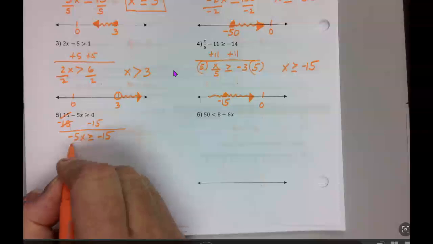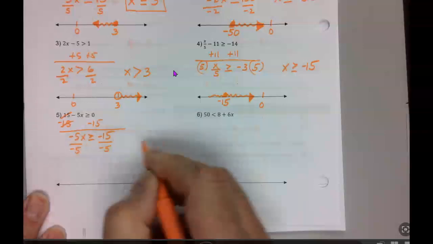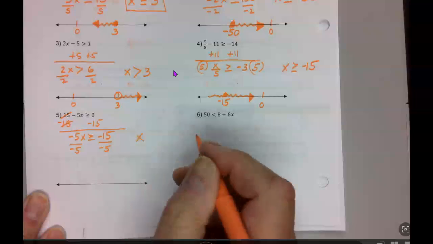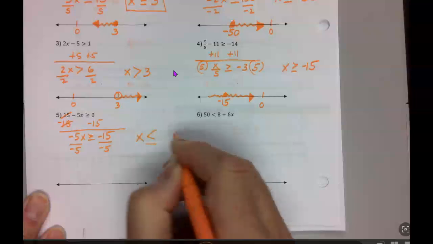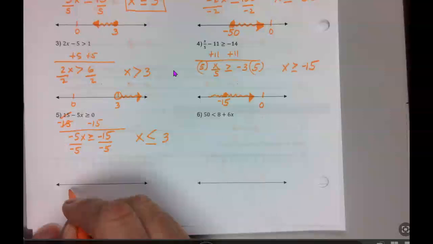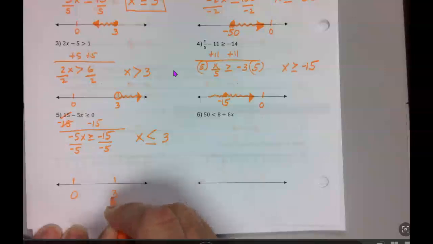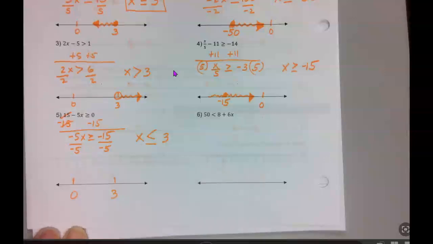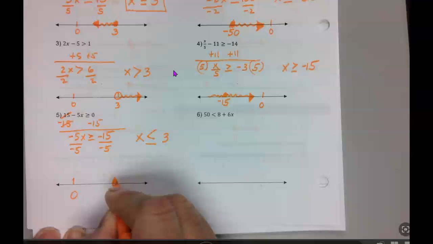Divide by what? Negative 5. So now what do I have to do to the inequality? I have to reverse it. Correct? Because I'm dividing by a negative. So, 0, 3, open or closed circle? Closed. Which way is the arrow going to go? To the left.